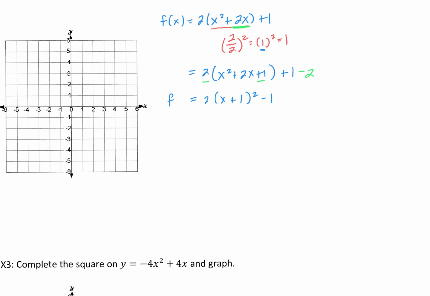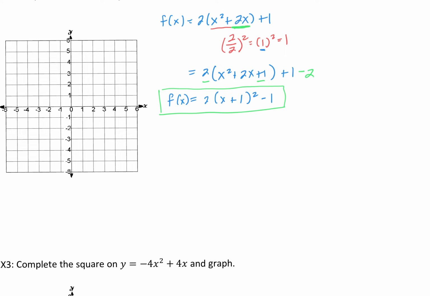So this is my function written in vertex form, and I've completed the square. So half squared of whatever's on your x, add it in, but then you have to subtract it out. But just be aware that you're going to have to multiply it by the number that's outside of the parentheses.